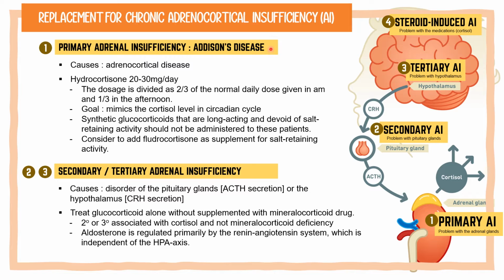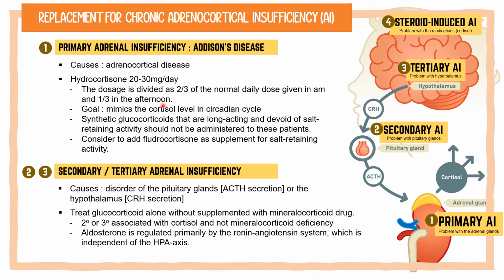Addison disease is the primary adrenal insufficiency due to a problem with the adrenal gland, also known as adrenocortical disease. This primary adrenal insufficiency is associated with both cortisol and mineralocorticoid deficiency.